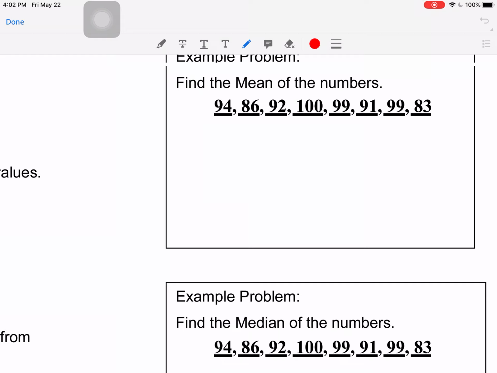Now, when you are finding statistical measures, for median and mode, you will want to put your data in order from least to greatest. For mean, you don't necessarily have to, but because you have to do it for median and mode, it's probably best to go ahead and do it for mean as well. So first thing I want to do is put my numbers in order from least to greatest.